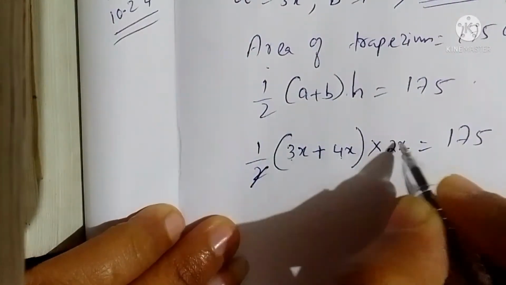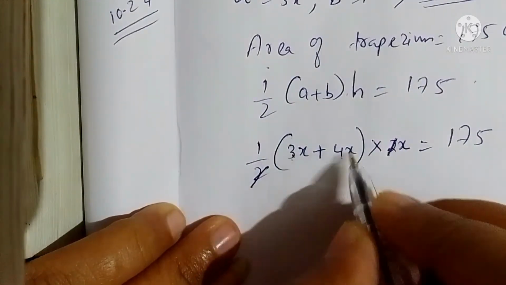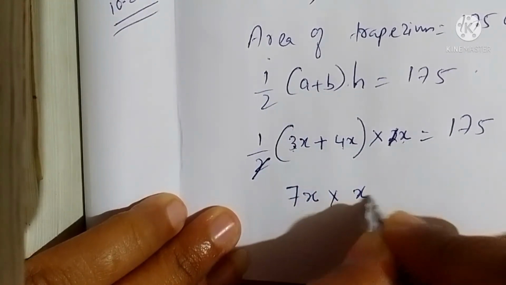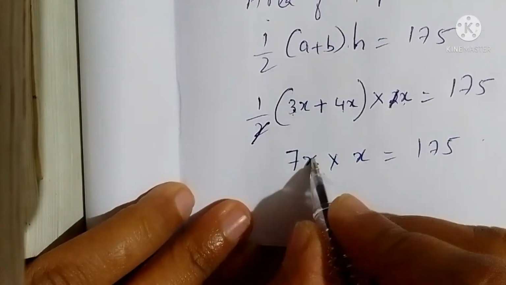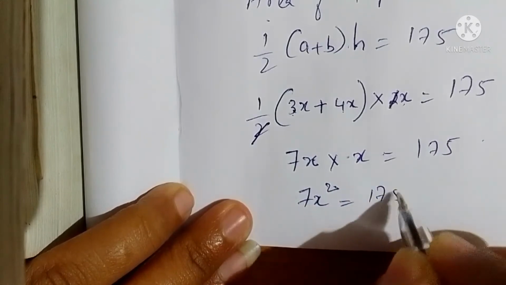Now this 2 and this 2 we can cancel. It will be 3x plus 4x, which is 7x, into x equal to 175. So 7x into x is 7x square equal to 175.